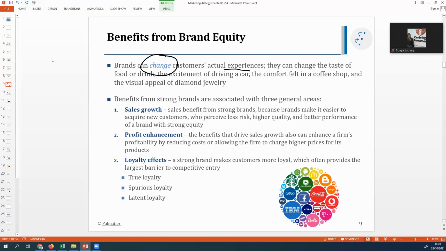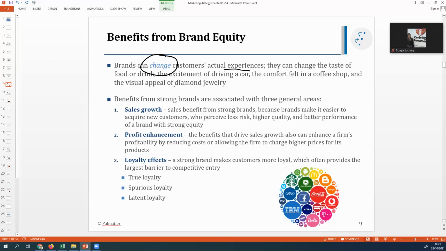Okay, let's say I like Pajero Sport. If you think the brand is stronger than Toyota Fortuner, yeah, if the brand is more compared to Fortuner, then you buy Pajero Sport. So brand can change the customer's actual experience.